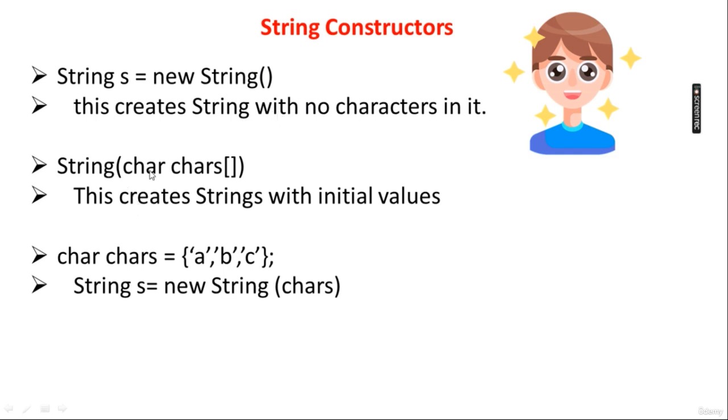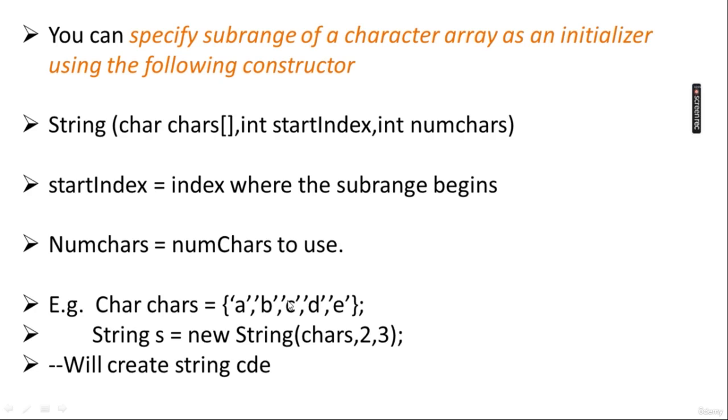The second one will create a string that comprises this character array with initial value. This is the character array with three values a, b, c. So the new string will be created as abc. You can specify a subrange of a character array as an initializer using the following constructor.